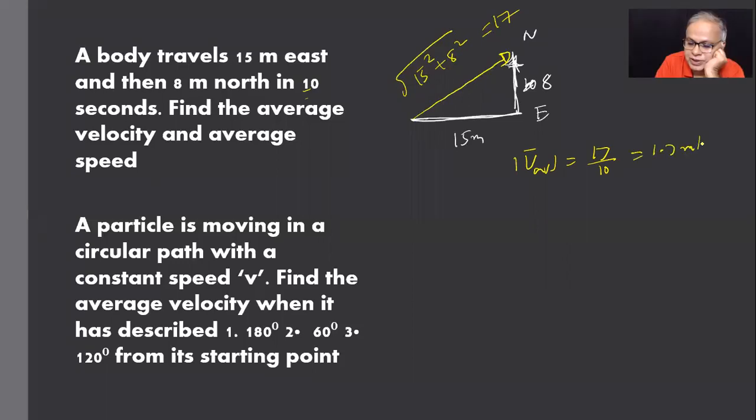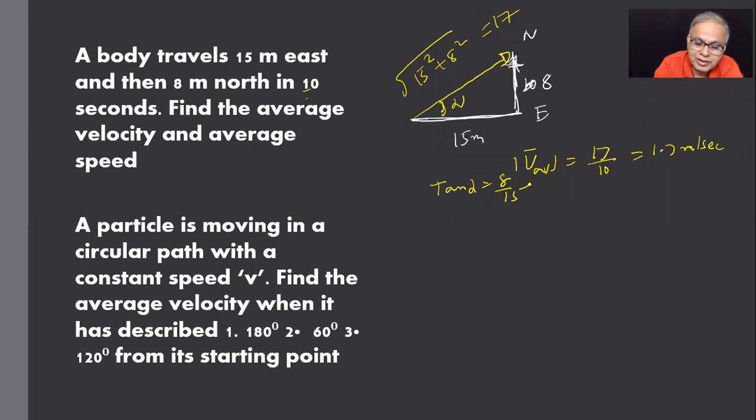But remember, this being a vector, we should give the direction. So call this alpha. Tan alpha equals 8 by 15. This is a pure geometrical way, right? But IJK form also we can mention it.